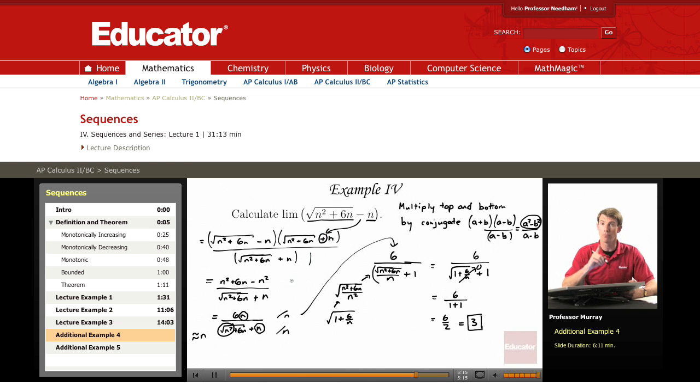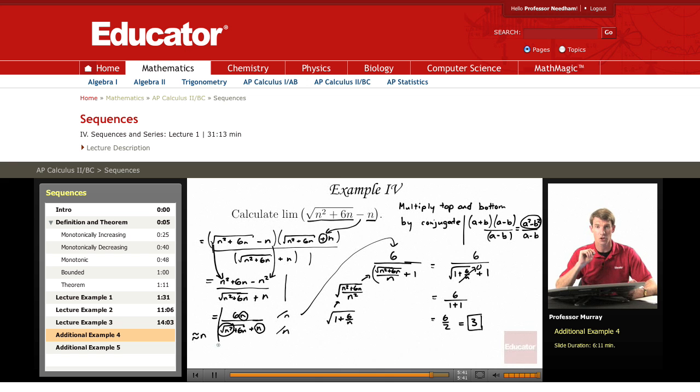And the point of multiplying by the conjugate is we can exploit this difference of squares formula. And so we get the square root of n squared plus 6n, squared. That gets rid of the square root there. And then we get n squared. We get this difference of squares formula, which simplifies down into 6n.